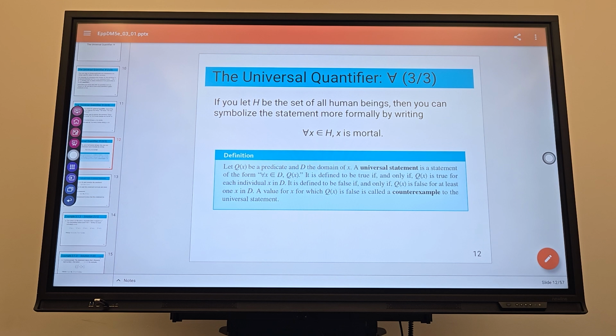Another definition: let Q of x be a predicate and D the domain of x. A universal statement is a statement of the form, for all x in D, Q of x.